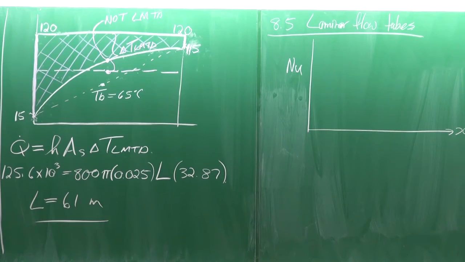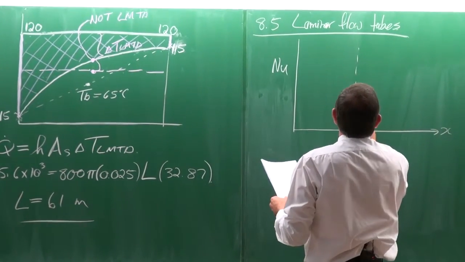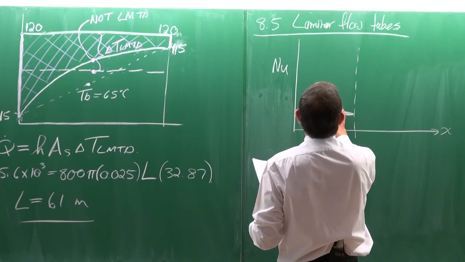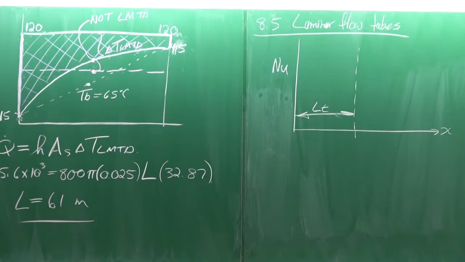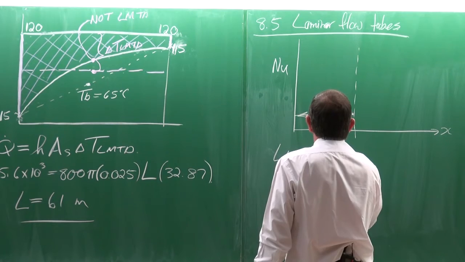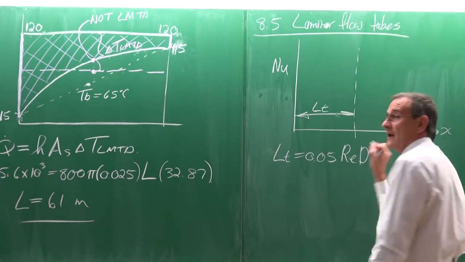If we see how the flow is being heated or cooled, then there's a certain length which is called the LT length. It's equal to 0.05 multiplied by the Reynolds multiplied by the diameter and Prandtl number. Okay, so remember LT is equal to 0.05 multiplied by the Reynolds, the diameter, and the Prandtl number.